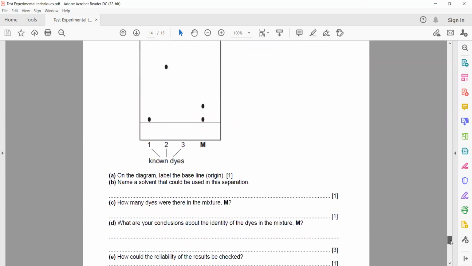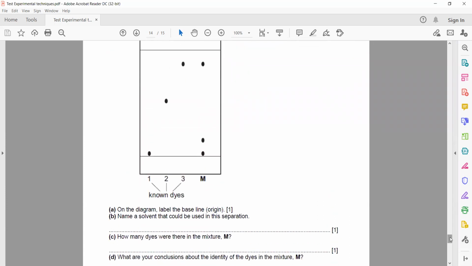And what is your conclusion about the identity of M? What can we say about M? One of the spots matches with 1, another spot matches with 3. So we can say it contains 1 and 3, and it also contains one unknown dye.